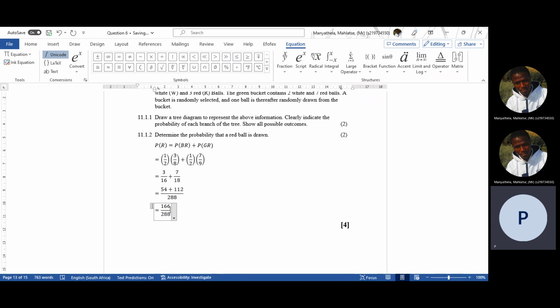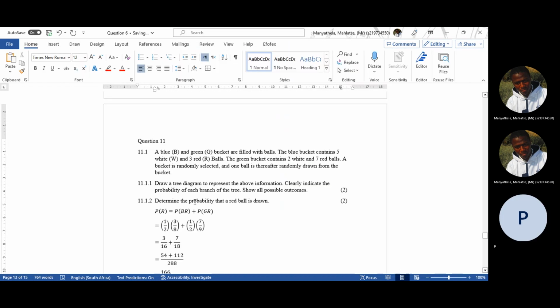Dividing by 2, it gives me 83 over 144. That is the probability that a red ball will be drawn.